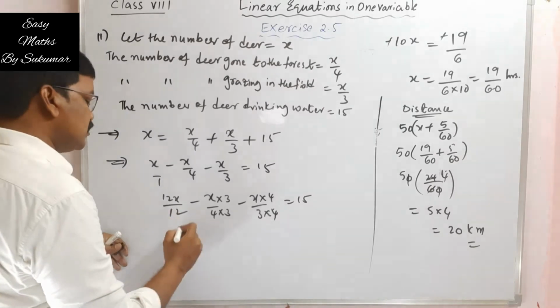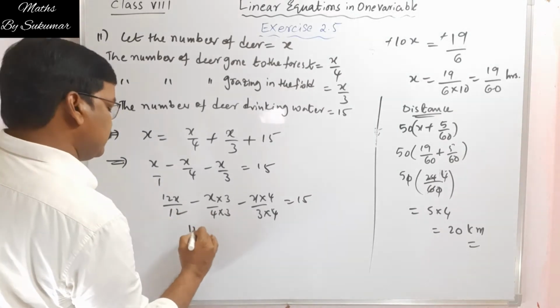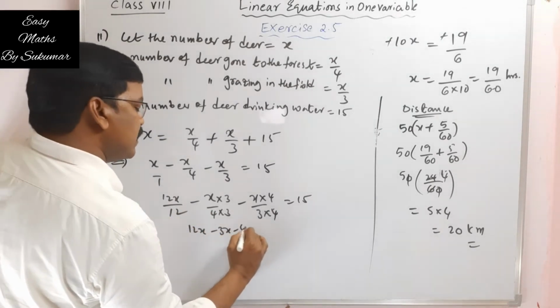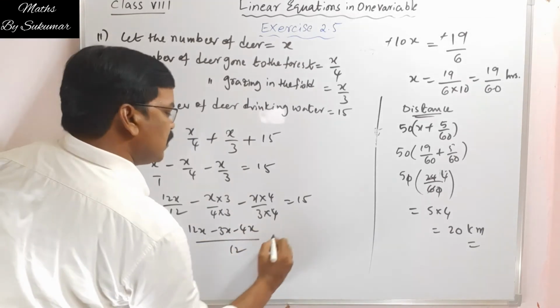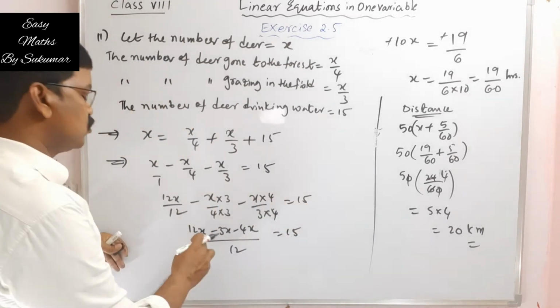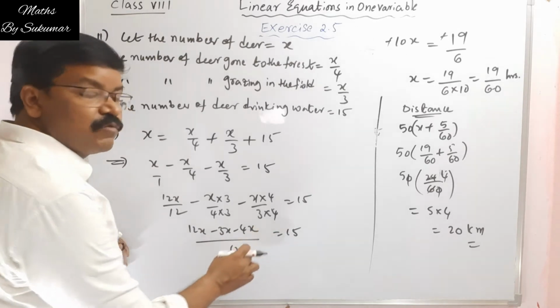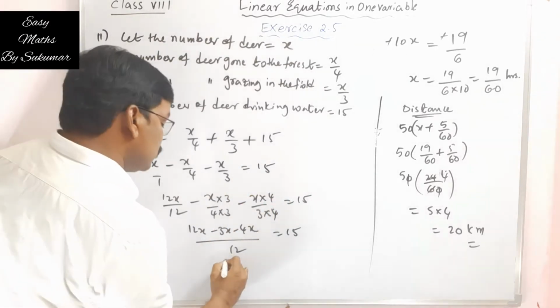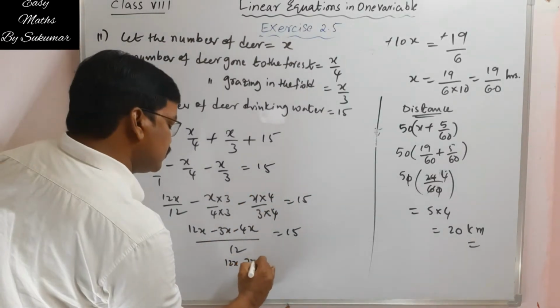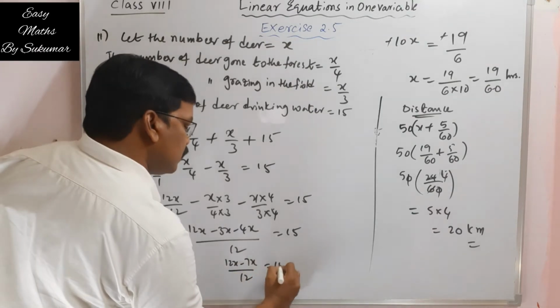Understood? So this is 12x minus 3x minus 4x by 12 is equal to 15. 12x minus 3x minus 4x is 5x, so 5x by 12 is equal to 15.